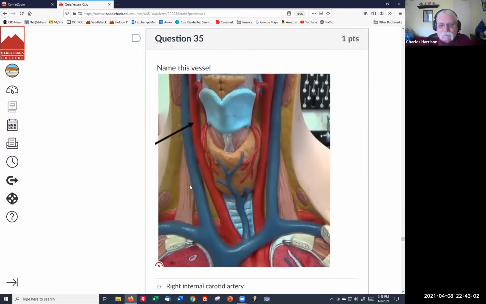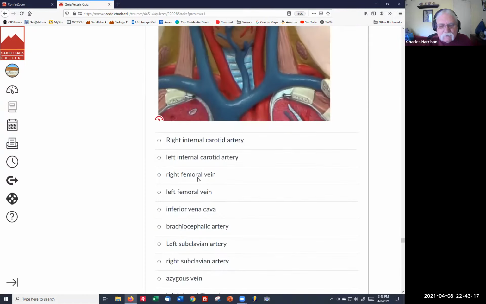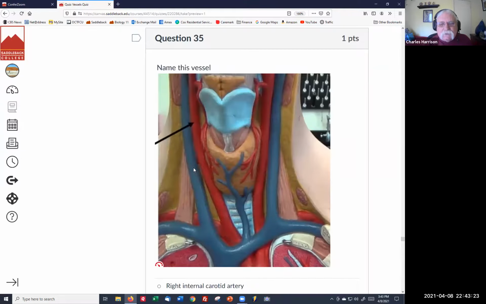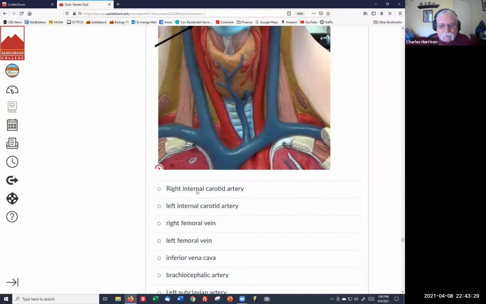35. Okay, this is running up the side of the neck. That's the epiglottis and the thyroid. This is going to be on the right side, the right common carotid. Wait, let me look at that. Should be right common carotid.